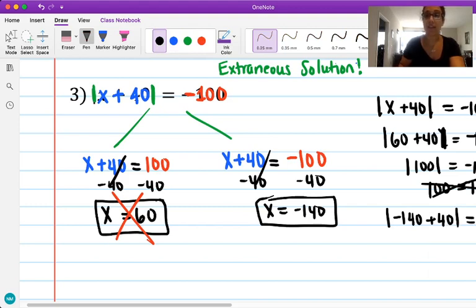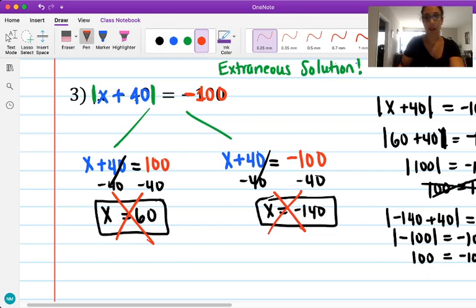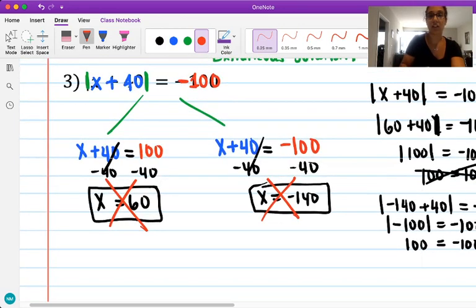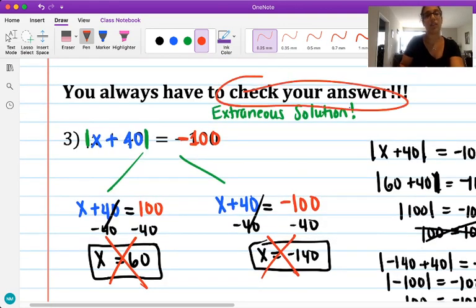This becomes the absolute value of negative 100, but this becomes a positive. So both of these are extraneous solutions. Neither one of them work. It's important to check your answer. Sometimes you will get an answer that does not work. Here we can catch that mistake because we know that the absolute value of anything will never give a negative. But sometimes it's not as obvious.